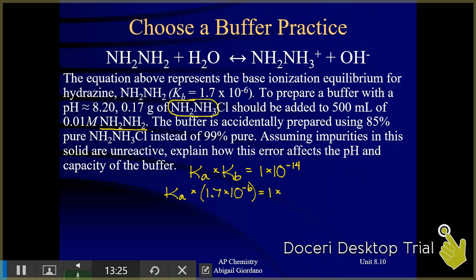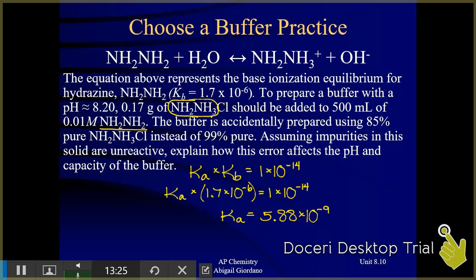If I flipped this around and solved for the Ka of the conjugate acid of this buffer system, I'm just going to put this in my calculator real quick, I get this. 5.88 times 10 to the negative 9th.